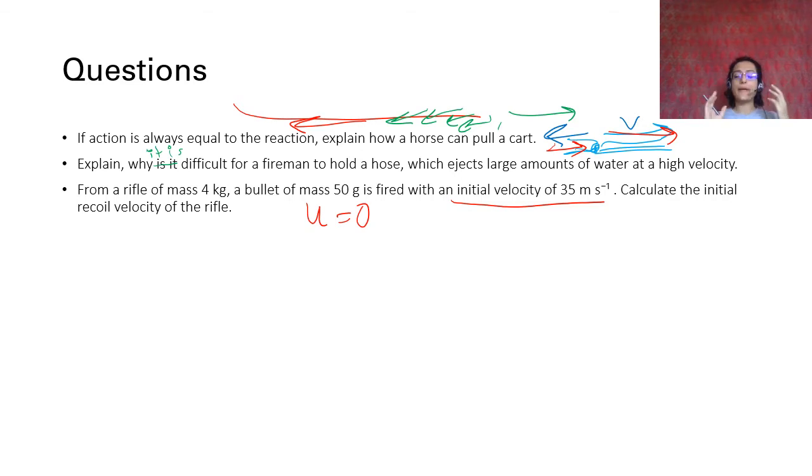And before the force was applied, the velocity of the rifle and that of the bullet was 0. Okay? So please remember that. So we calculate the initial recoil velocity of the rifle. Because the initial velocity is given here, that is why it says initial recoil velocity, right?